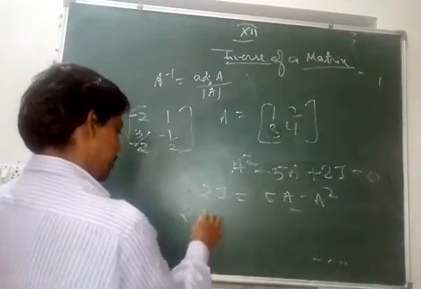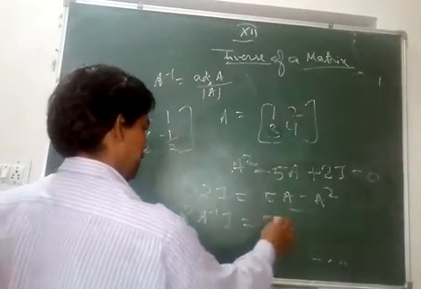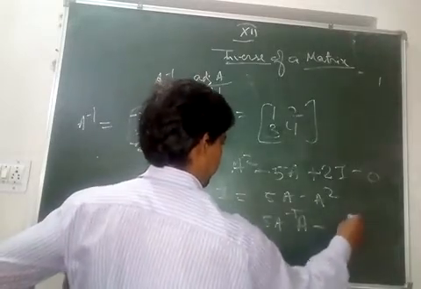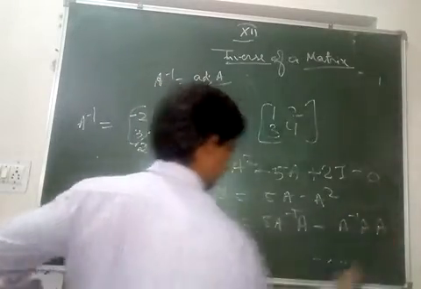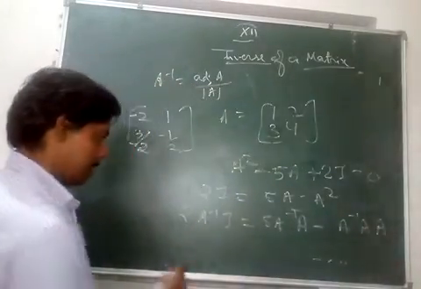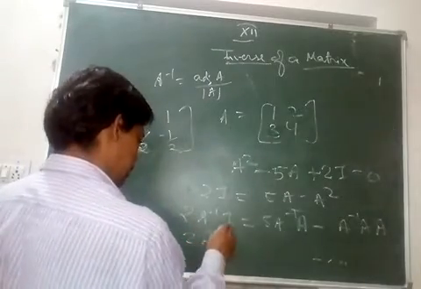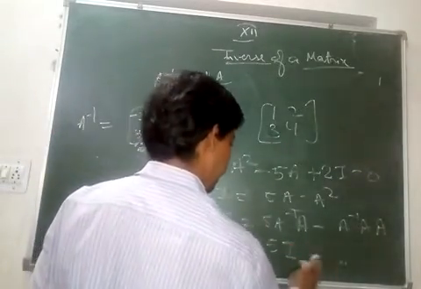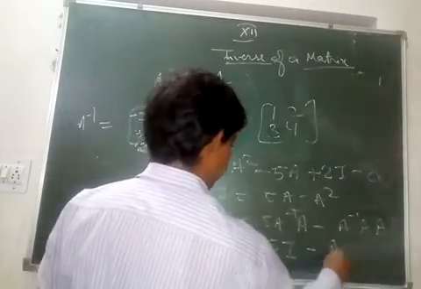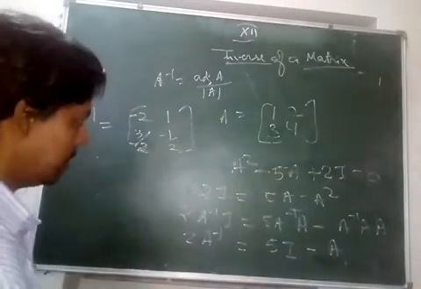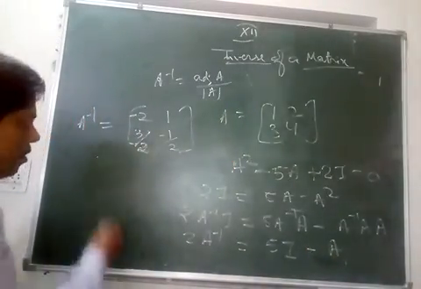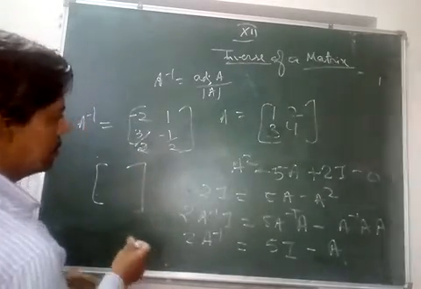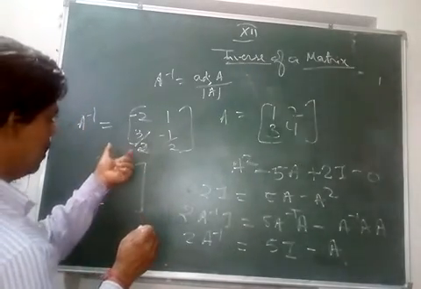So 2 A inverse I is equal to 5 A inverse A minus A inverse A into A. So we get 2 A inverse is equal to 5I minus A, and we have got this answer earlier.